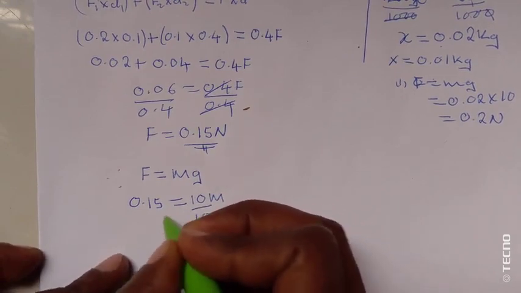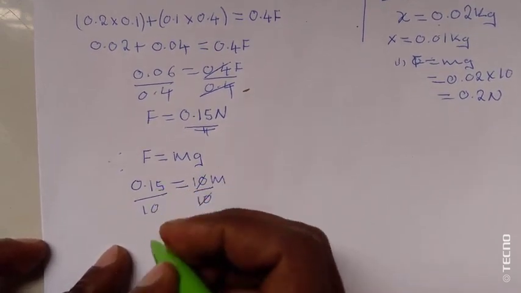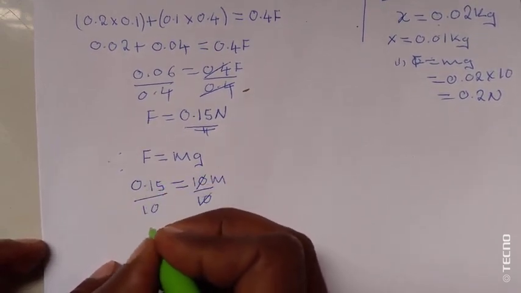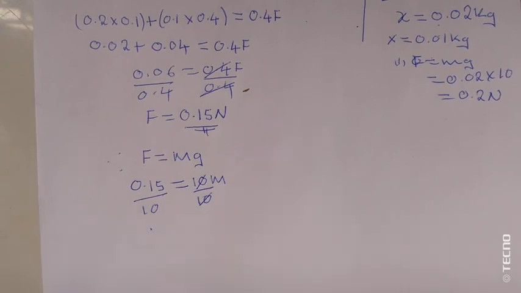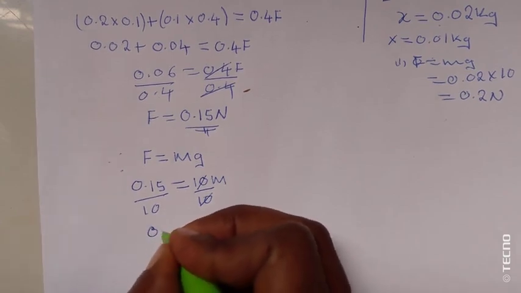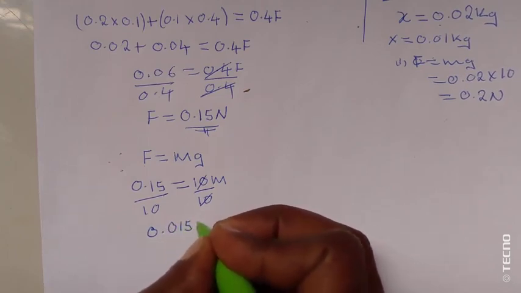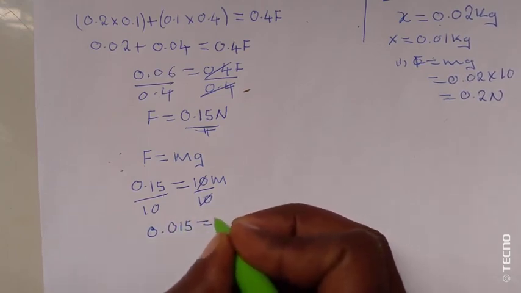Then over 10, even this side over 10. There goes. So your m, this one divided by that, you are going to have 0.015 is equal to m.